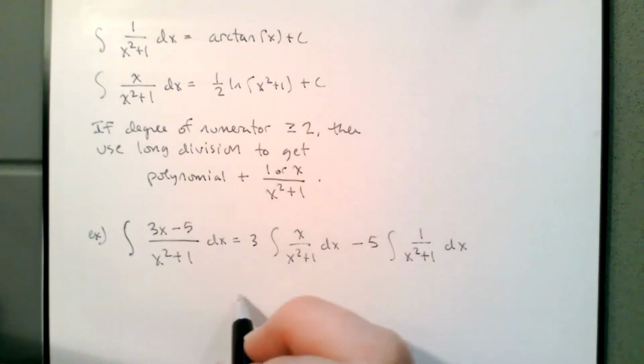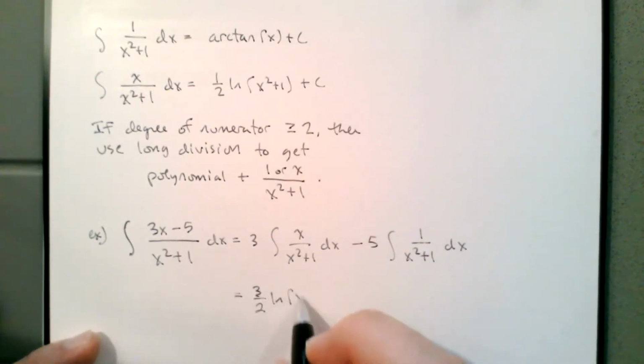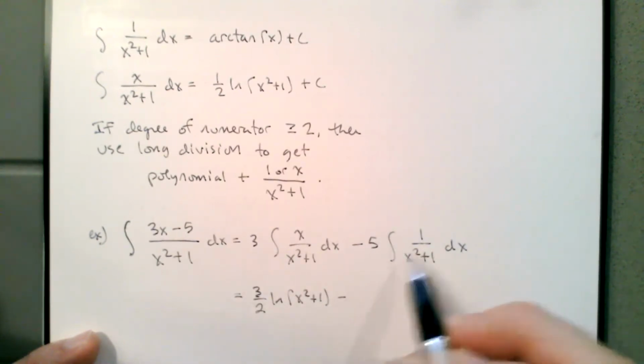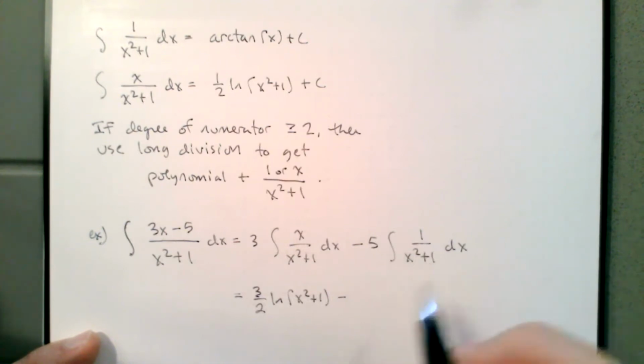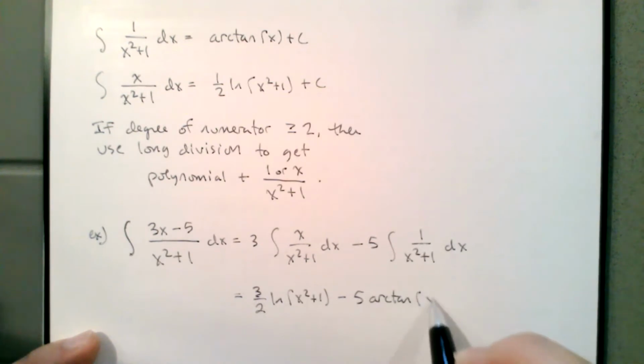So x over x squared plus 1 is going to be a 1/2 natural log of x squared plus 1. And the integral of 1 over x squared plus 1 is arctangent, so minus 5 arctangent of x plus c.